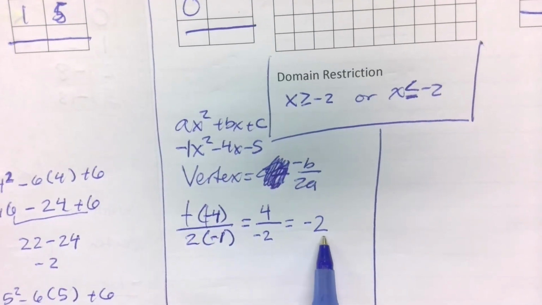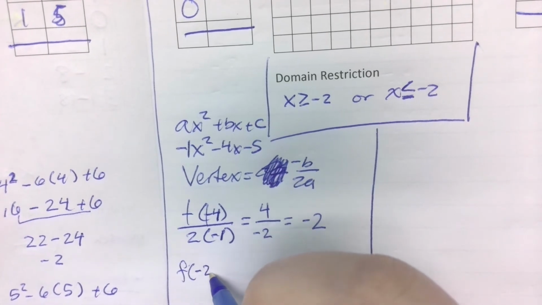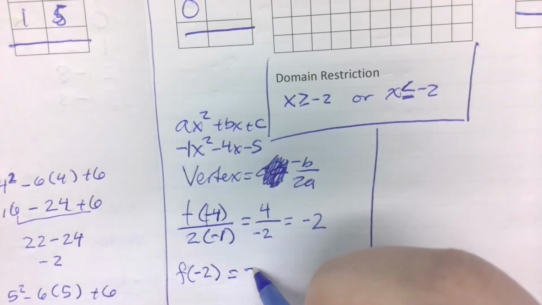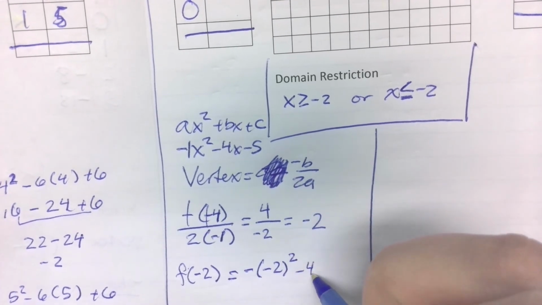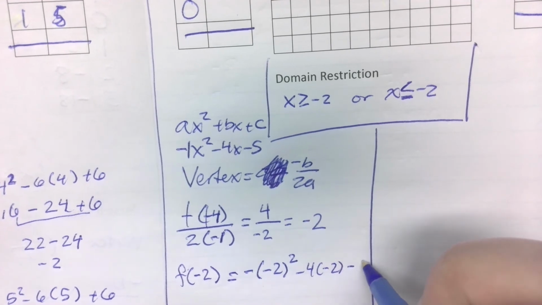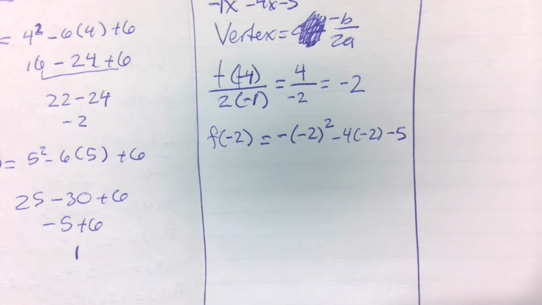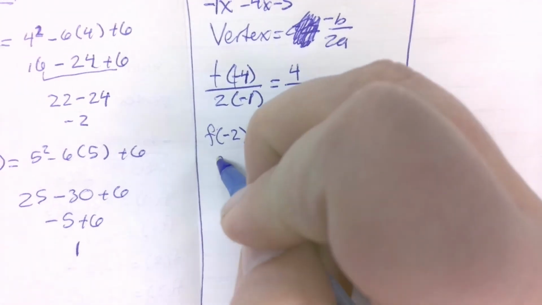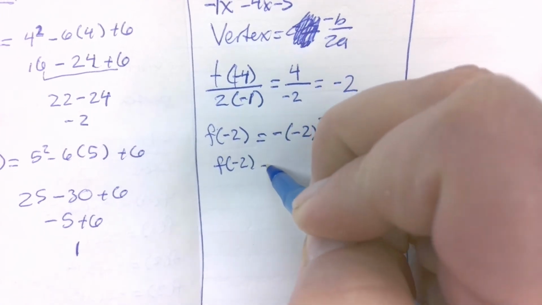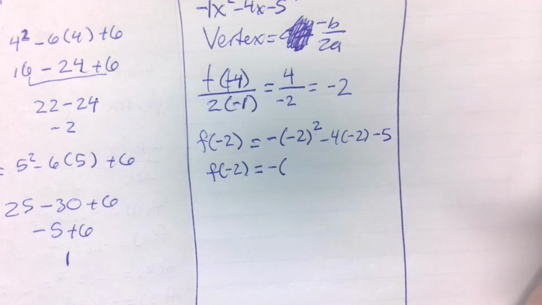Let's start with negative 2. So we're going to do f of negative 2: negative 2 squared minus 4 times negative 2 minus 5. What's negative 2 squared? Positive 4.